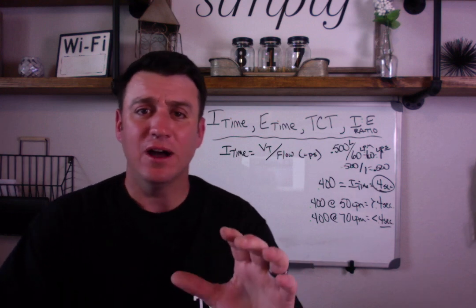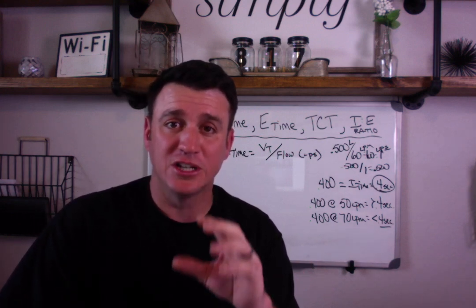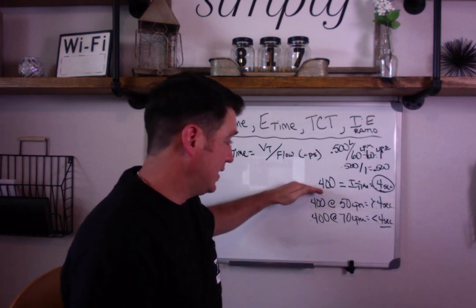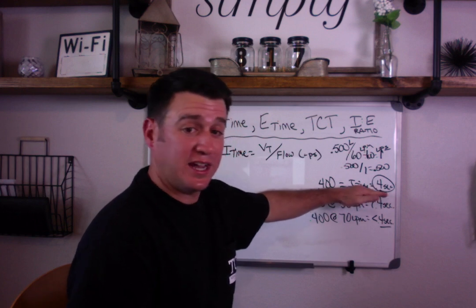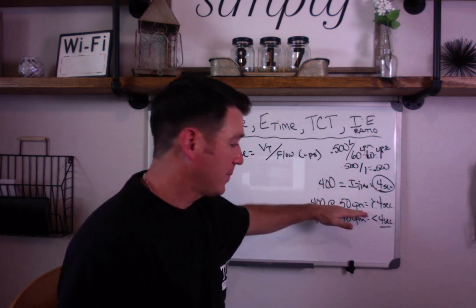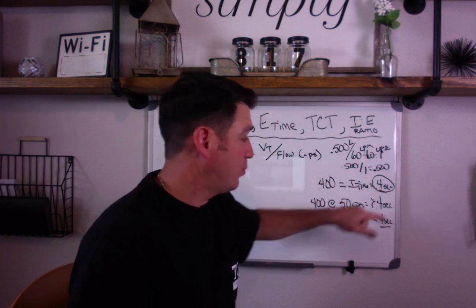Okay? Now, I do this so that you have a frame of reference. Because if you can understand that concept that at 60 liters per minute, my I time is 0.4 seconds. They're the same. That makes sense. So if I'm slower than 60, my I time is going to be greater than 0.4 seconds.